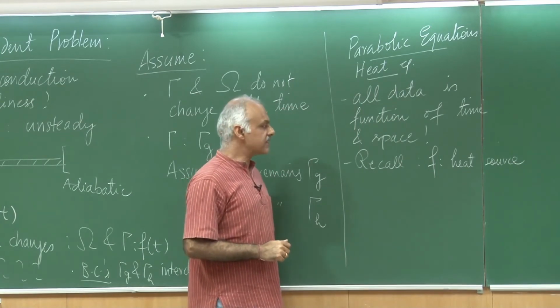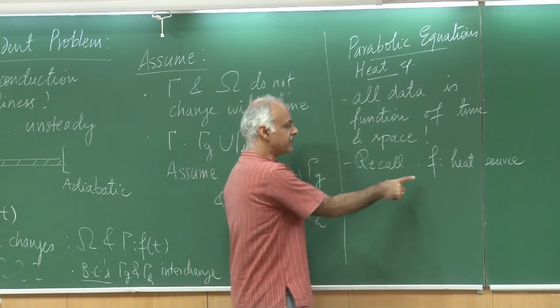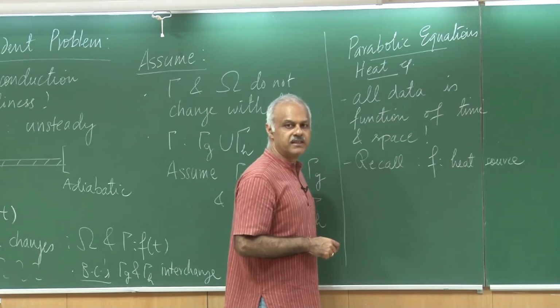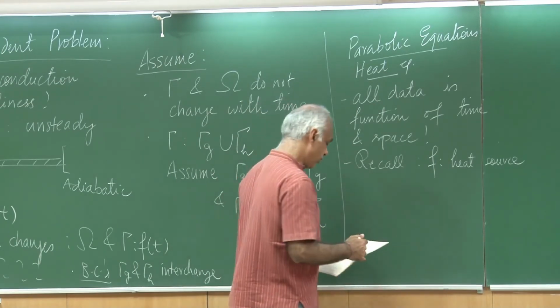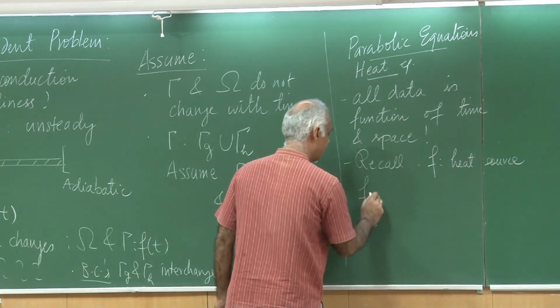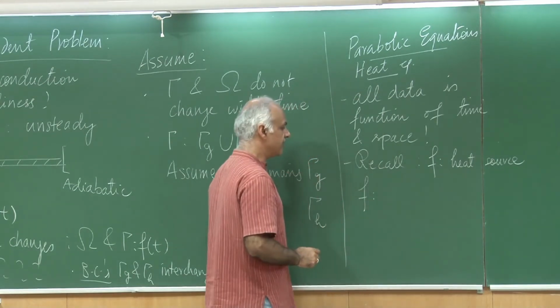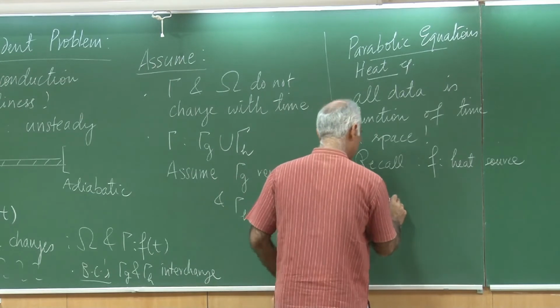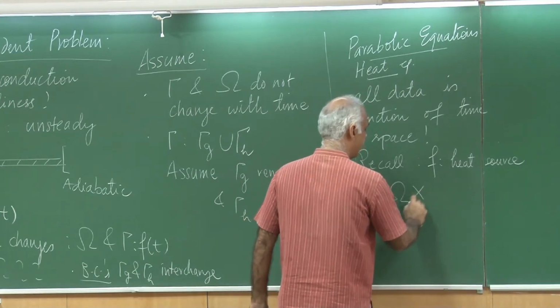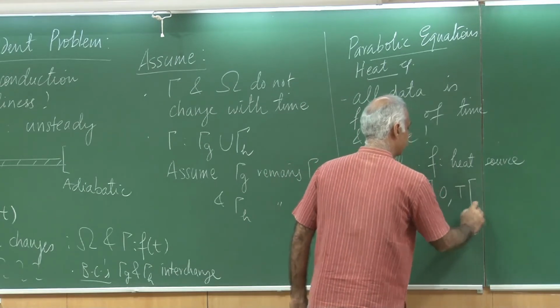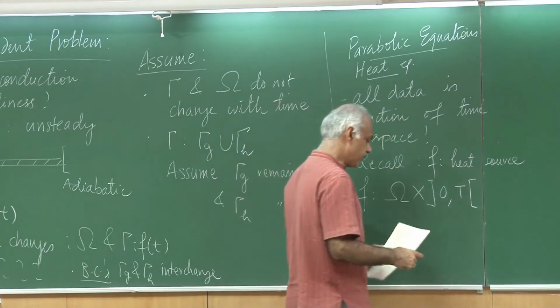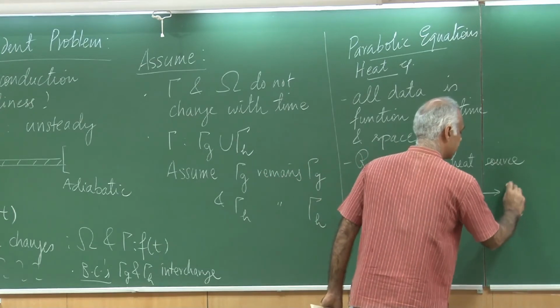When we talked about the steady state problem, F was defined on a spatial domain. Now, it will be defined on a spatio-temporal domain. So, to be more explicit, I am going to write it like this, that F is defined on this domain omega and a time domain which is 0 to t, and this of course is a real valued function.